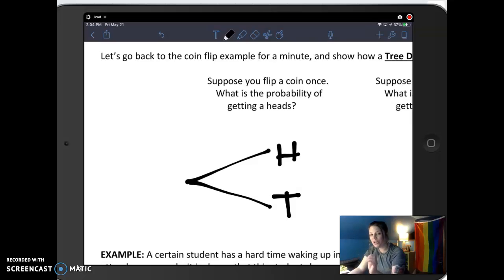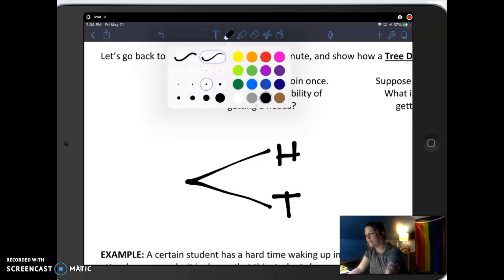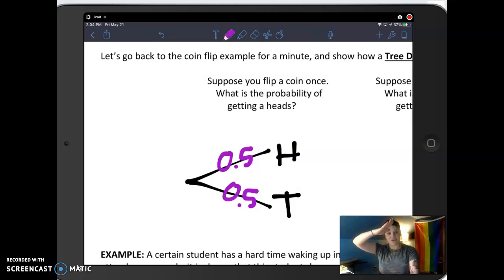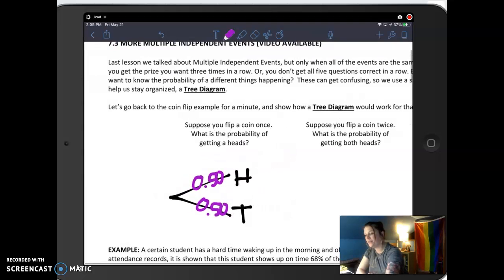For us, we're going to write it as a decimal, so 0.5 here and 0.5 here. You could also write it on top of the line, to indicate that the probability of going to the H is 50%, and the probability of going to the T is 50% as well. And I like to write 0.50 to remember that that's 50%.